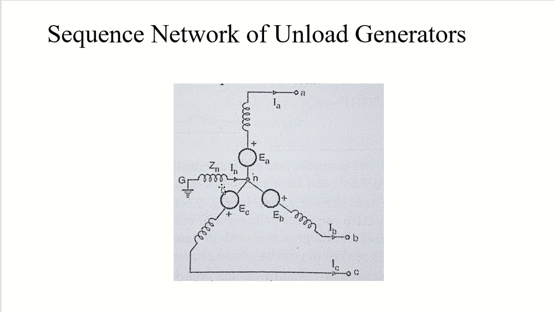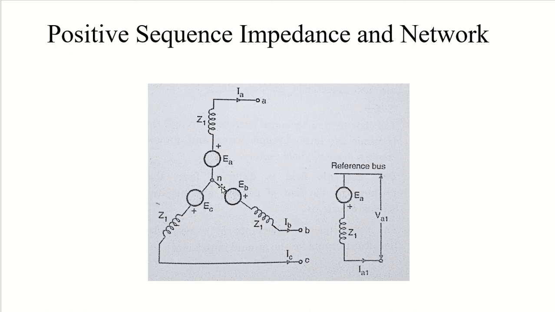So speaking of positive sequence, let's talk about positive sequence impedance network a little bit in detail. So we all know that three phase generator has three phase winding, and these windings will be identical and they will be symmetrical, which means their magnitude will be equal, and they will be equally spaced between each other.